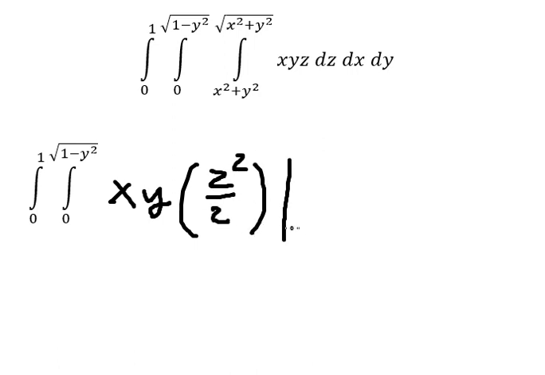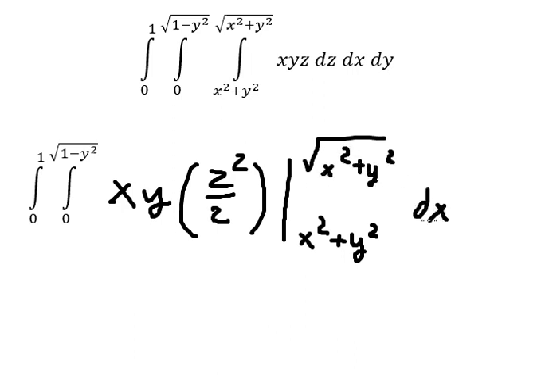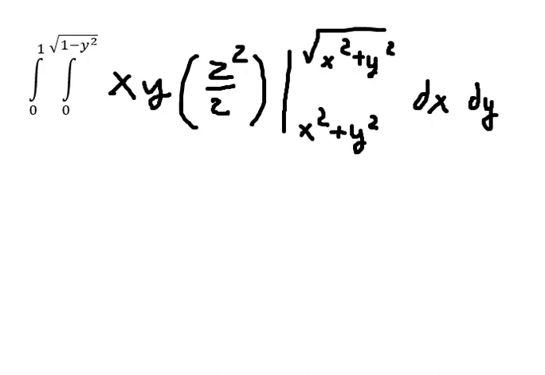Then we put the bounds from x squared plus y squared to the square root of x squared plus y squared. So I will put this one going here and this one going here.